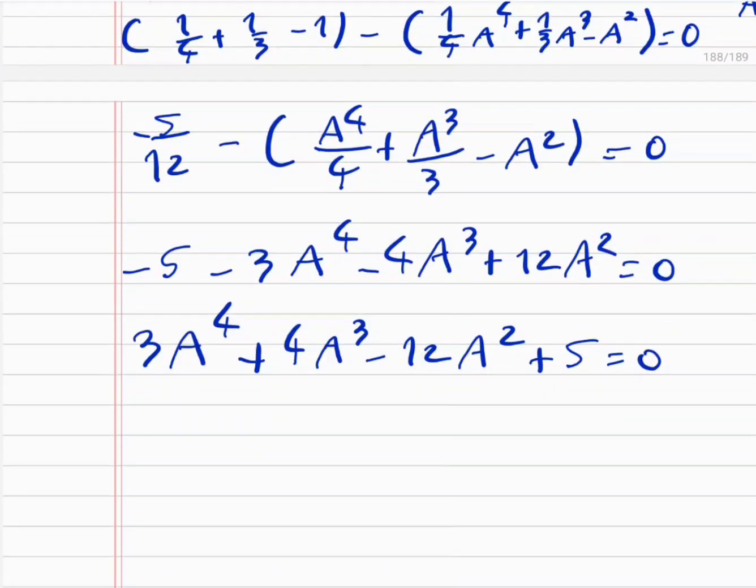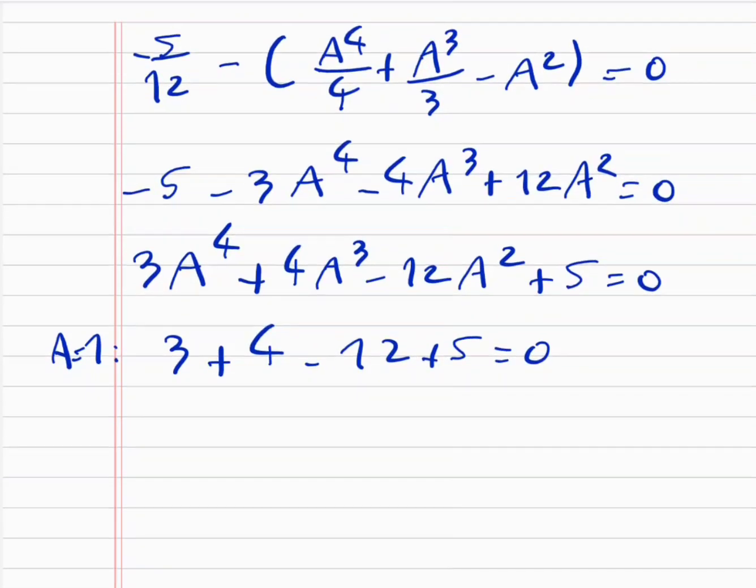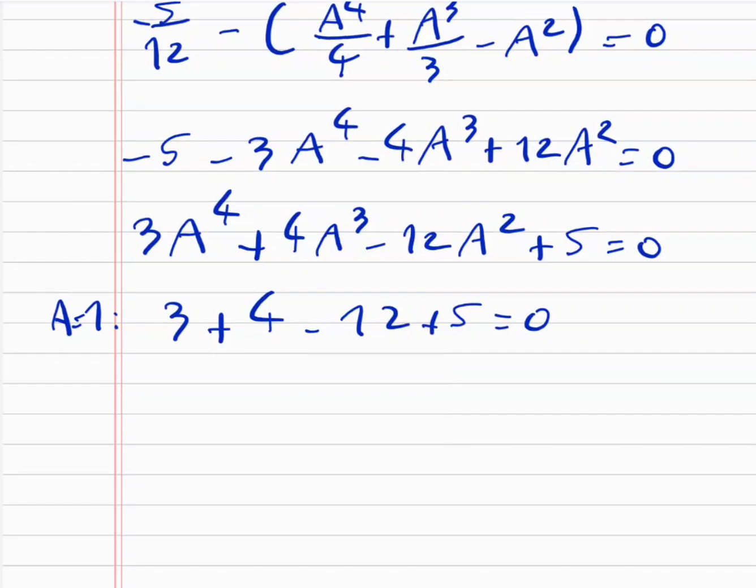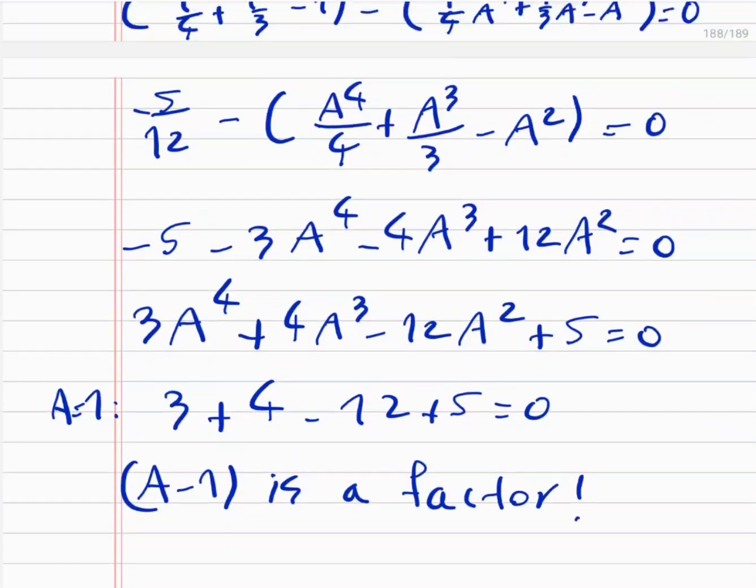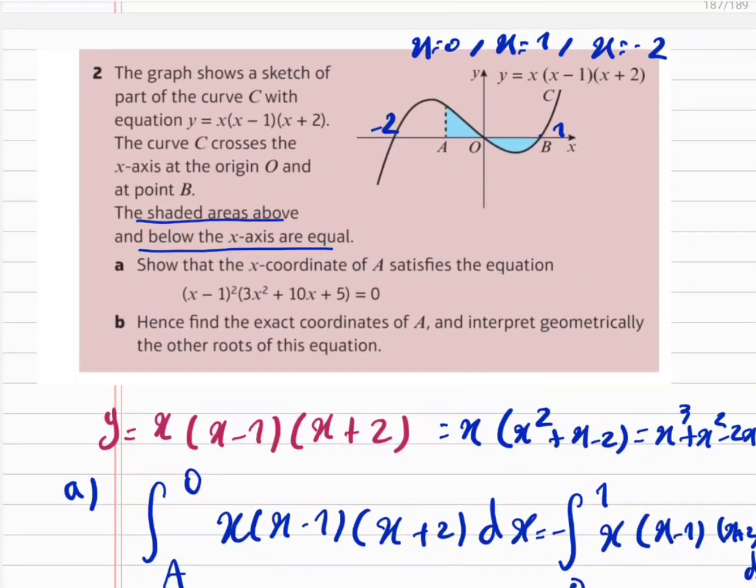Okay, yeah, again, when we try 0, it doesn't work, but when we try 1, we'll have 3 plus 4 minus 12 plus 5, which is equal to 0. So from the factor theorem, we can realize that a minus 1 is a factor. So because of that, we can simply now just use long division.